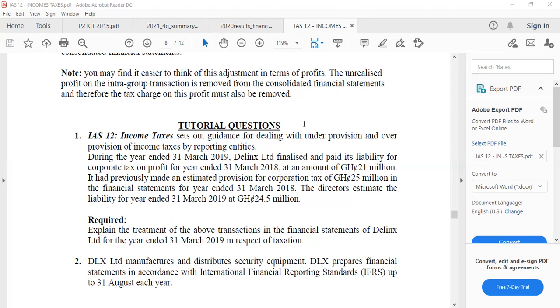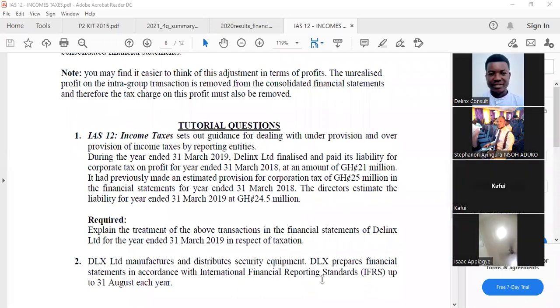It had previously made an estimated provision for corporate tax of 25 million Ghana cedis in the financial statements for the year ended March 2018. Liability for the year ended 31st March 2019 is 24.5 million Ghana cedis. Required: explain the treatment of the above transactions in the financial statements of the Links Limited for the year ended 31st March 2019.